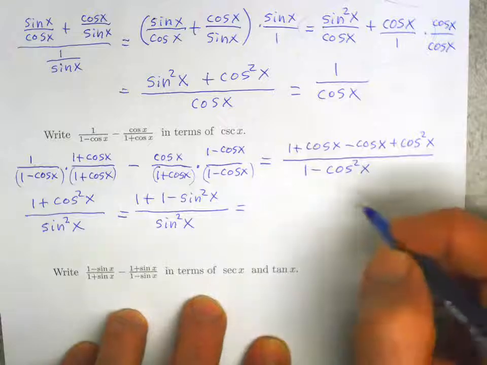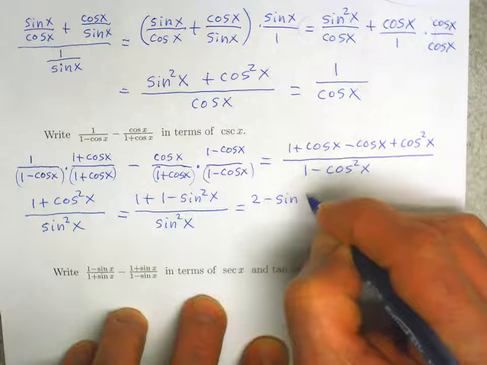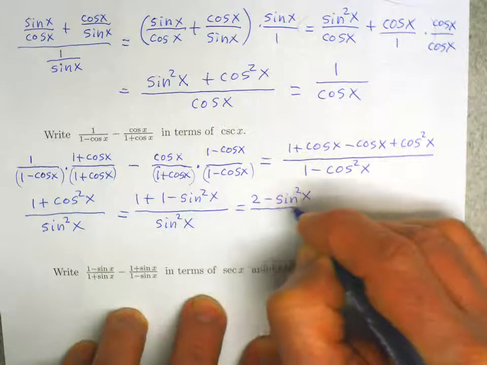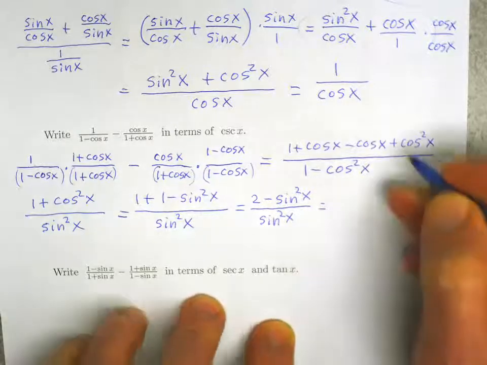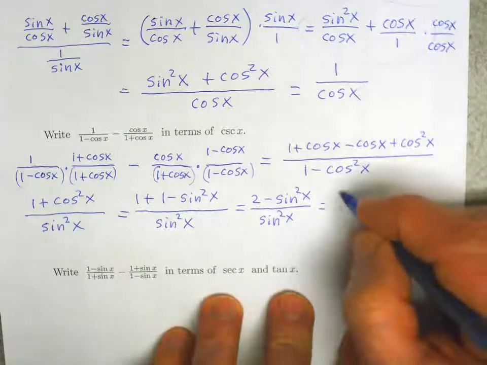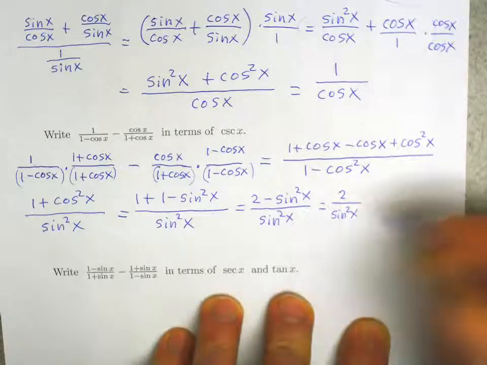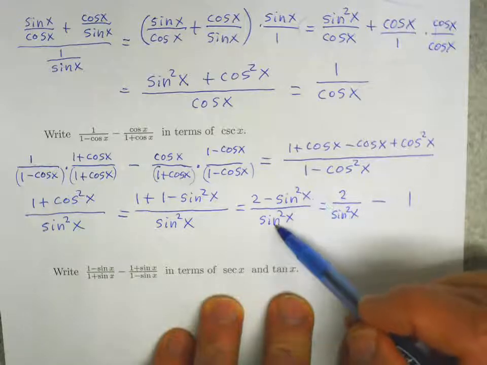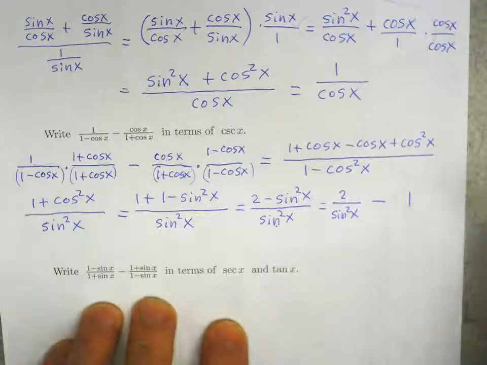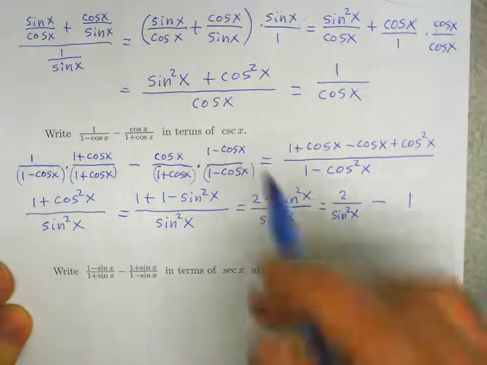So I'm running out of space, but we have 2 minus sine of x squared over sine of x squared. And we're a couple of steps away. Since there's just one term in the denominator, we'll write it as 2 divided by sine of x squared, and then minus 1, because sine of x squared divided by sine of x squared is 1. And finally, we can write this in terms of cosecant.